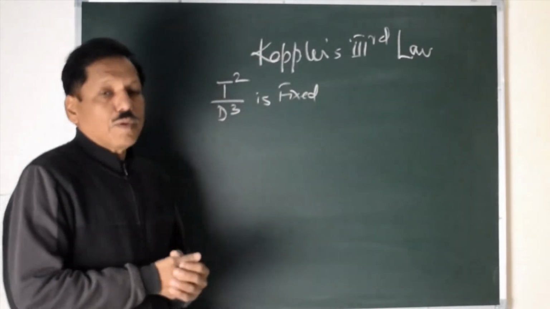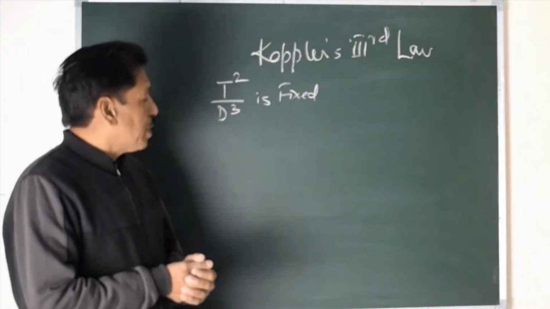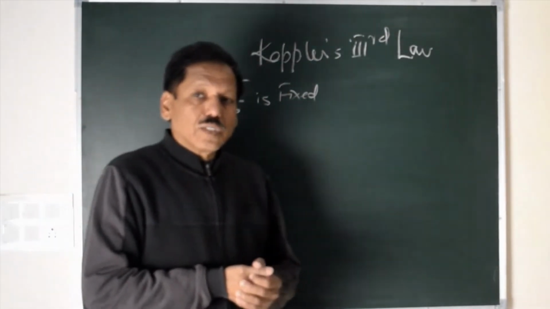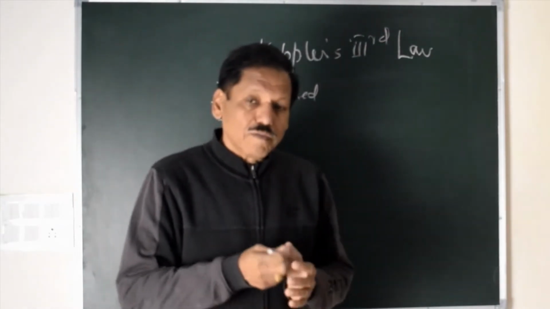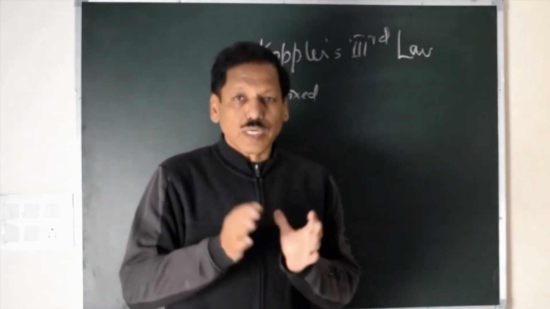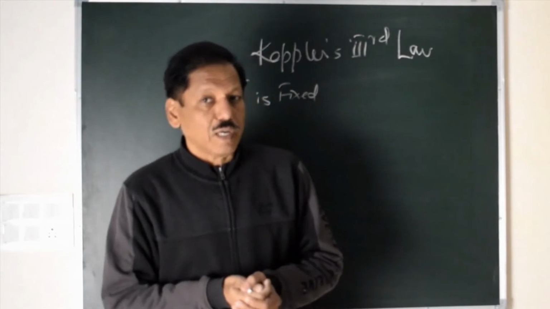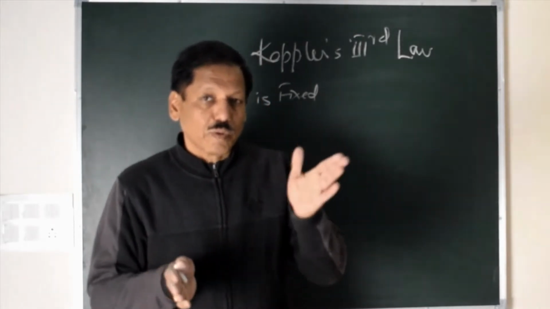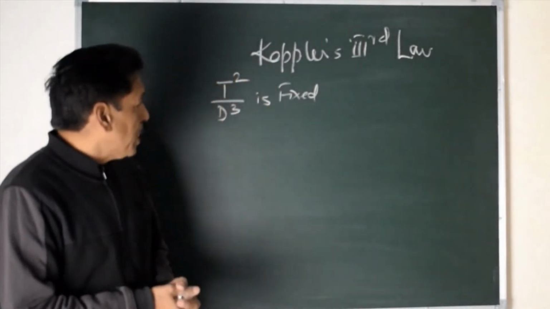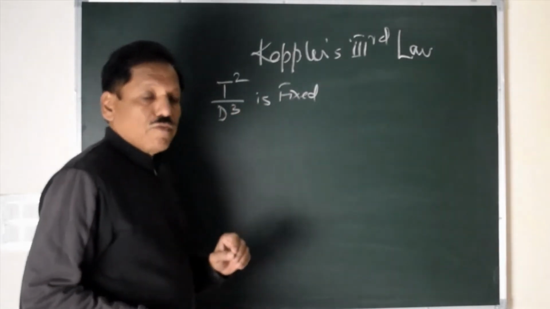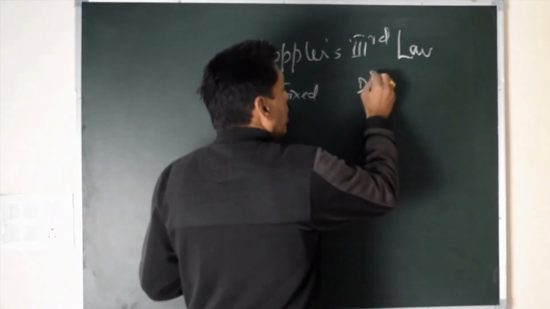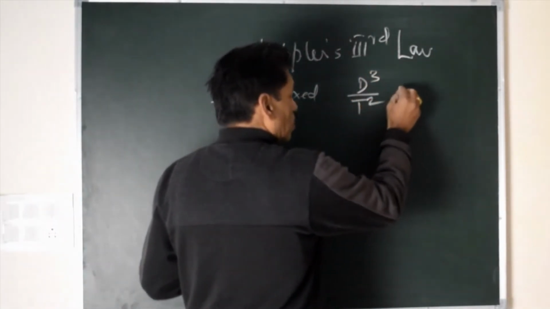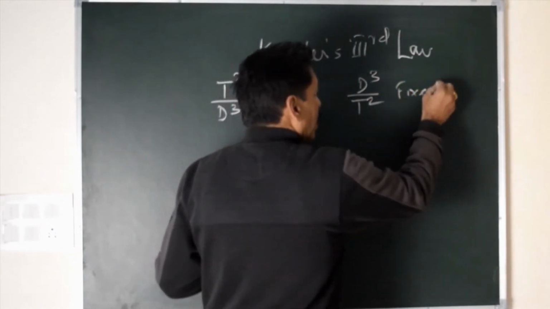Now T squared upon d cubed is fixed. If I know that the sidereal period of an inferior planet, say Venus, is 228 days, can I find out the distance of Venus from the Sun? So here it is. If T squared upon d cubed is fixed, therefore d cubed upon T squared is also fixed, constant.